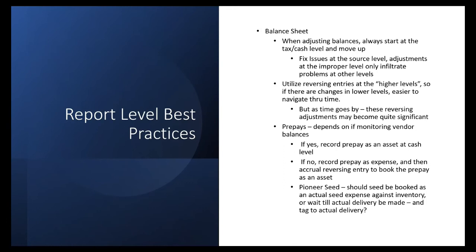Okay. Yeah, if you don't want to manage your vendor balances. But to me, managing those vendor balances is paramount. It's important. When the delivery comes, it's never one-to-one.